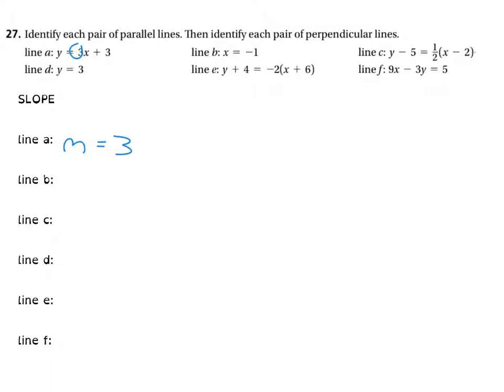If we had another line that had a perfectly vertical slope, undefined slope, they'd be parallel. If we had a slope of 0, they would be perpendicular. So I'm going to get rid of that, but we can then say line B has slope is undefined.